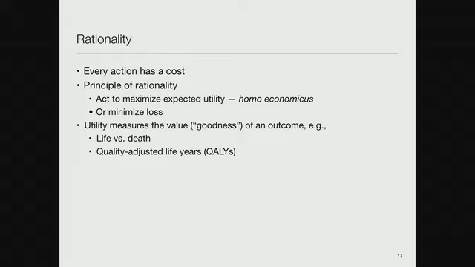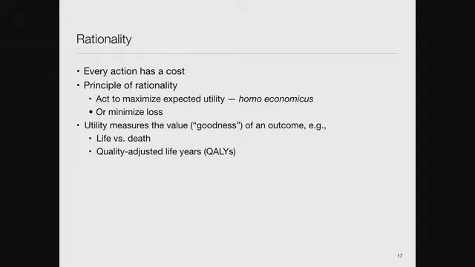And so people joke that this is homo economicus because economists make the assumption that this is how people behave. And we now know that that's not really how people behave, but it's a pretty common model of their behavior because it's easy to compute and it has some appropriate characteristics.